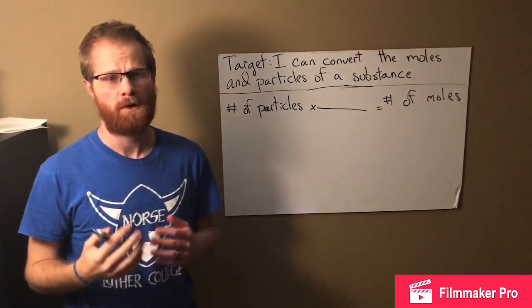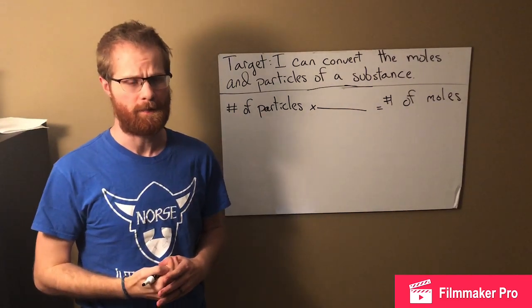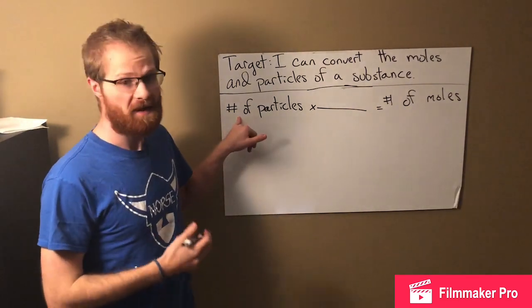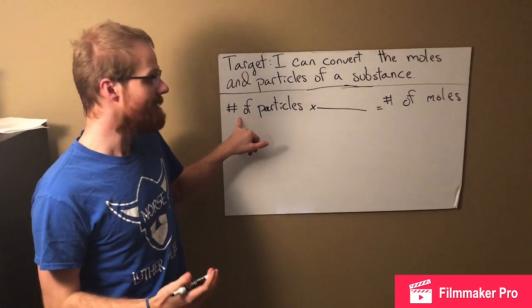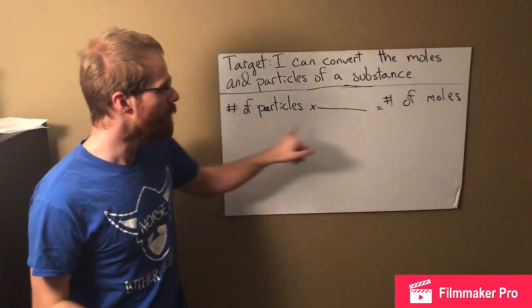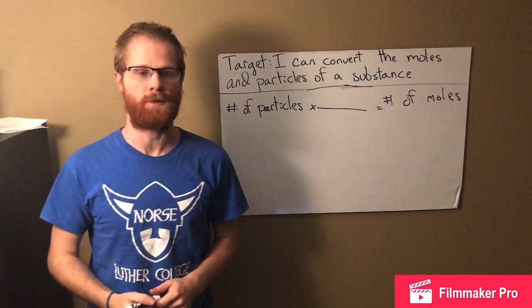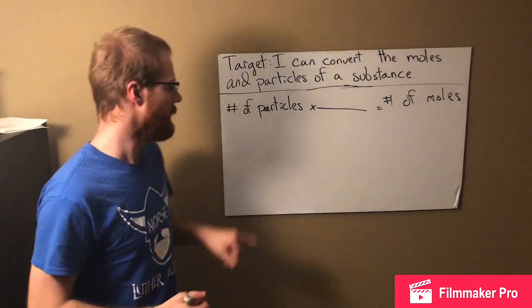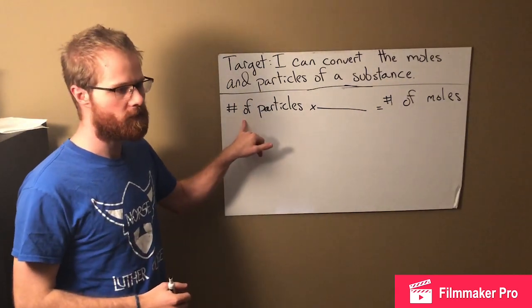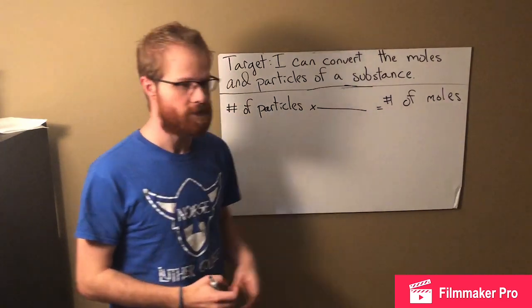Okay, folks, let's go over this problem a little bit. In an example, we know how many particles we have, but we want to know how many moles we have. So how do we convert the number of particles into the number of moles?